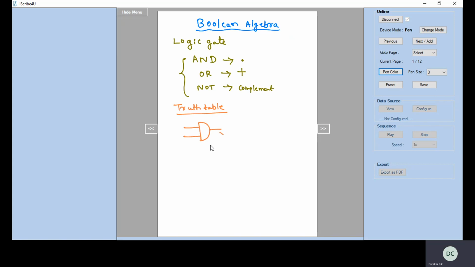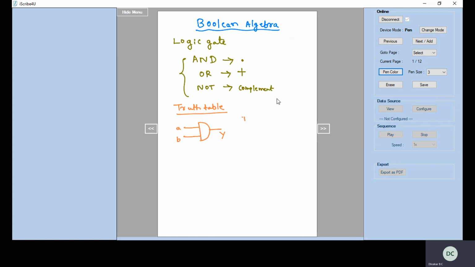AND gate is used to perform the logical multiplication operation. A logic gate consists of two or more inputs and only one output, except the NOT gate. The NOT gate has only one input and one output.